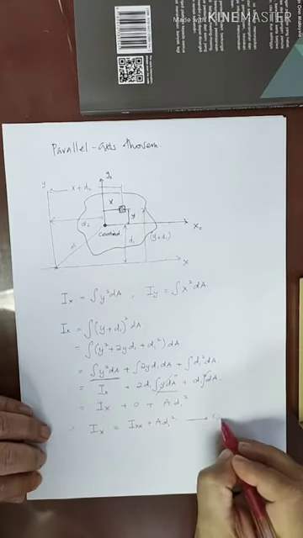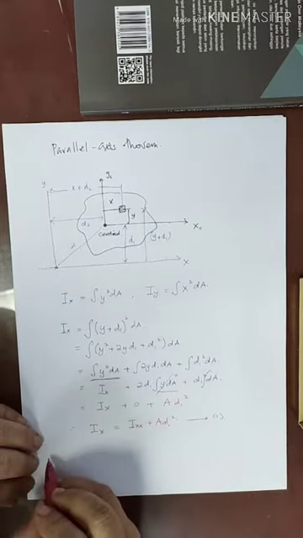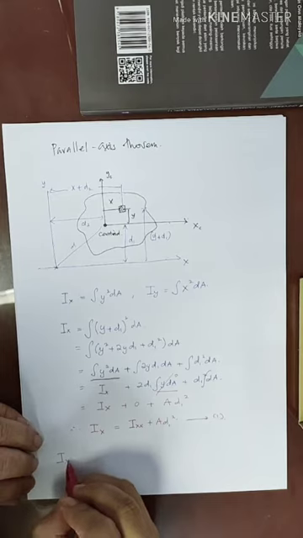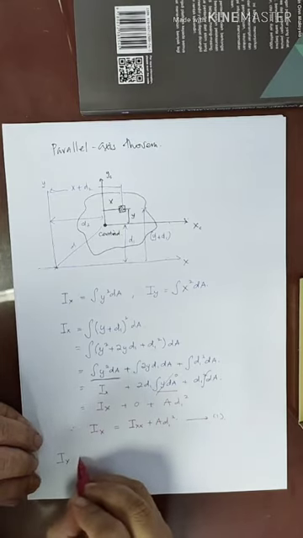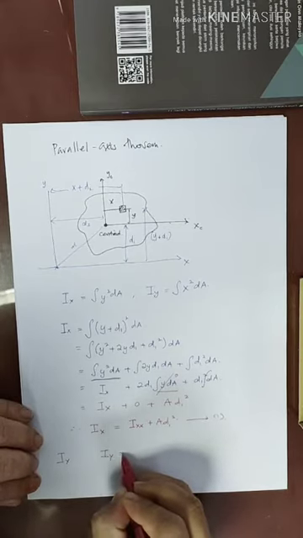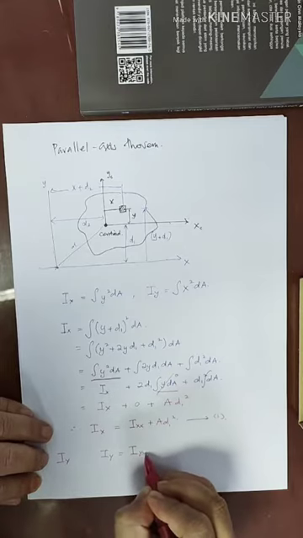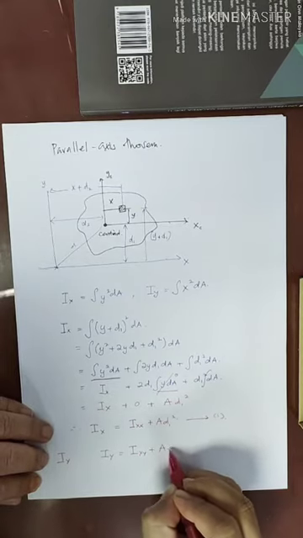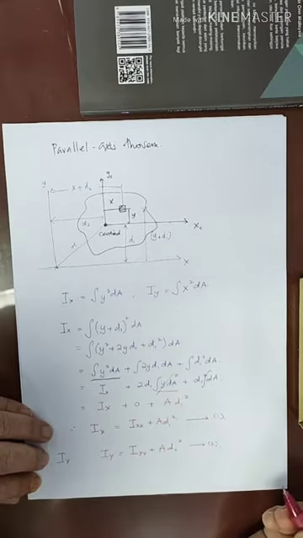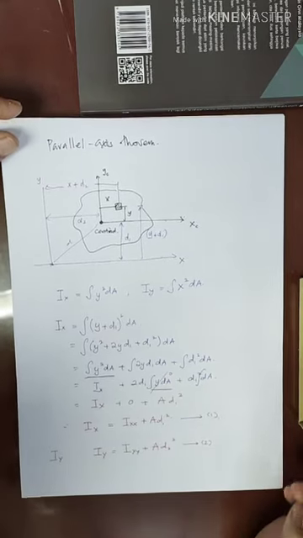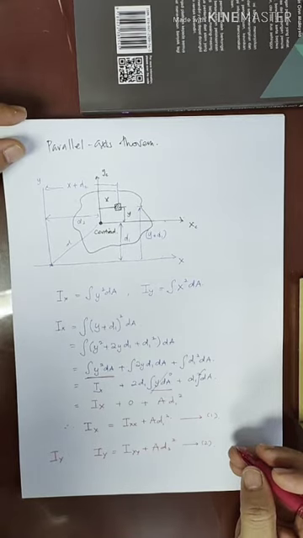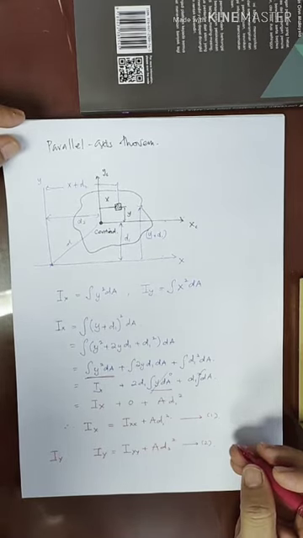Okay, this is the final one. So the Iy similarly, by approaching the same procedure, we can have the Iy equivalent to Iyy plus A d2 squared. Okay, that is the derivation of the Ix and also Iy for the parallel axis theorem.